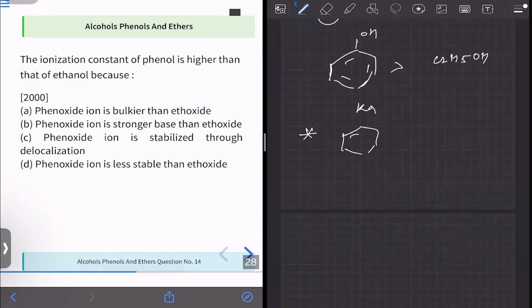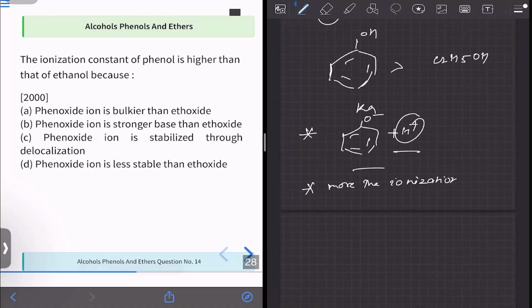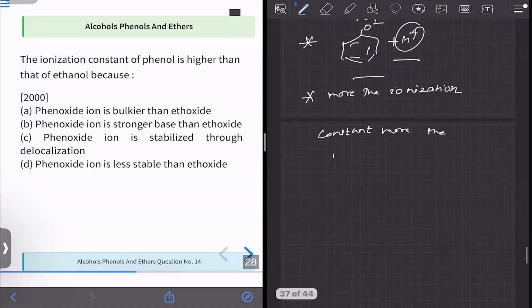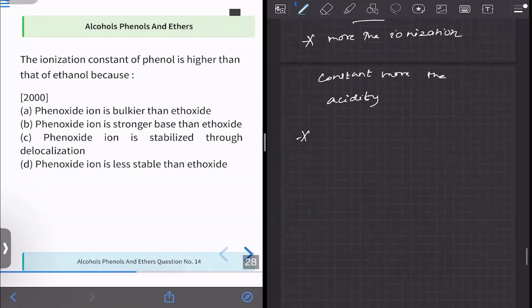Whenever it dissociates, it can easily give H plus. That is known as ionization constant. The more the ionization constant, the more the acidity. It has more acidic nature.